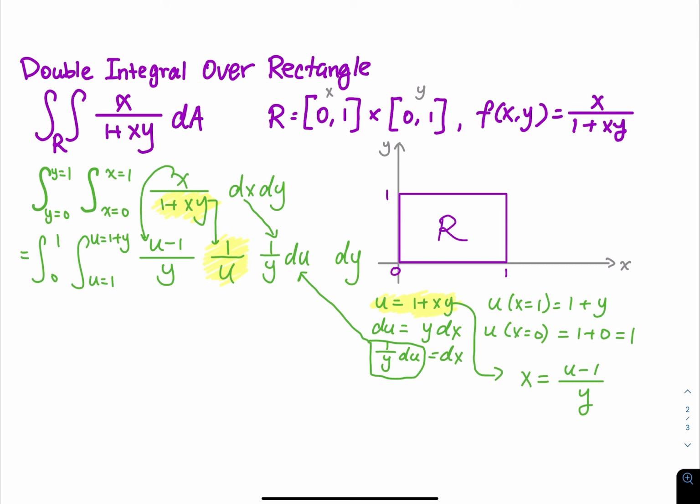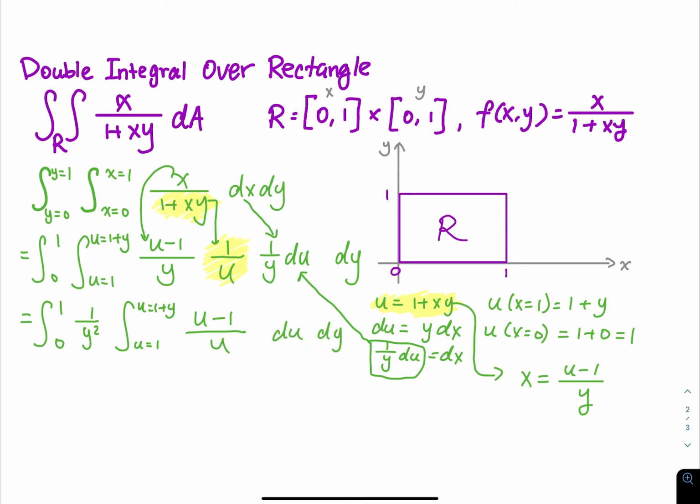With respect to u, y is a constant, so I can take the y out for the next integration. So 1 over y squared, and then u from 1 to 1 plus y, and the rest will be u minus 1 over u, du dy.